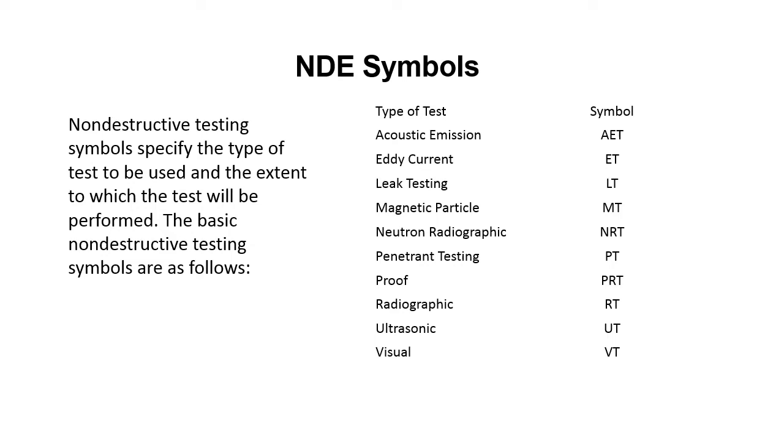Pretty standard acronyms, but you just attach it to the NDE symbol and it shows the NDE technicians that are going to be performing the non-destructive examination what needs to be done where and which process.